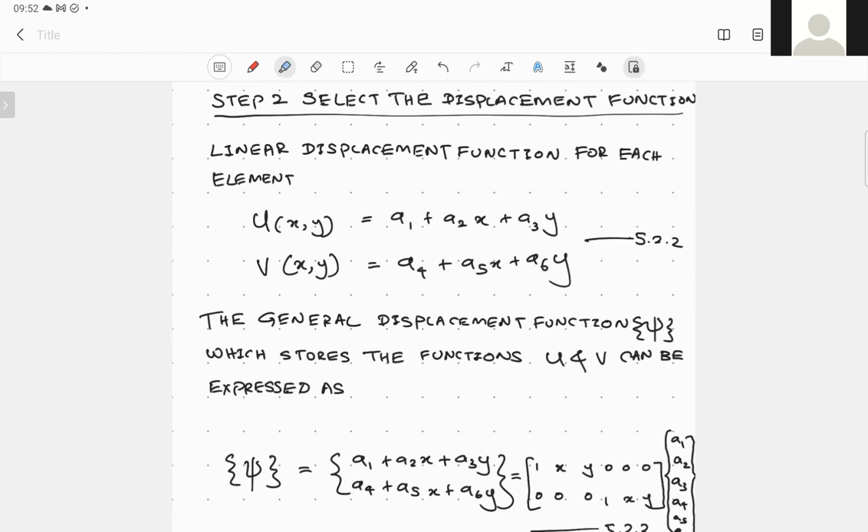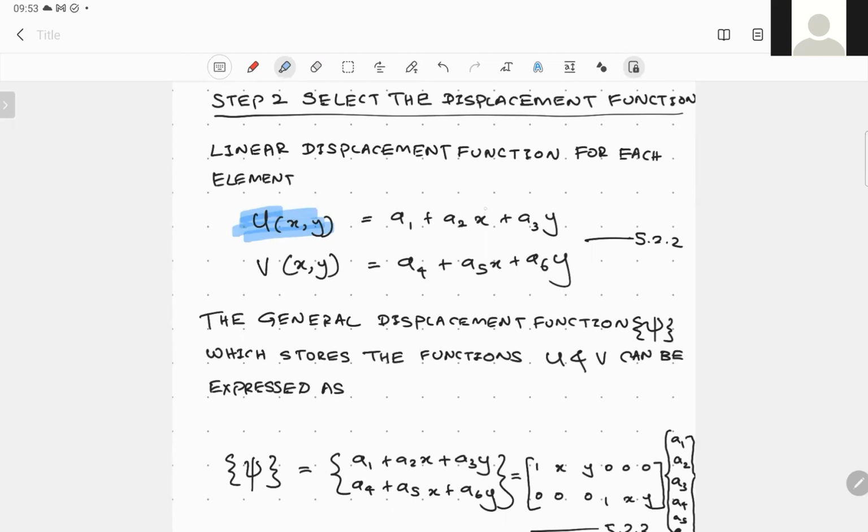So keeping that in mind, let's use a linear function, and whatever the displacement in the x direction, let's characterize it by the u function, and it can be expressed using the coordinate system, of course, using linear functions.